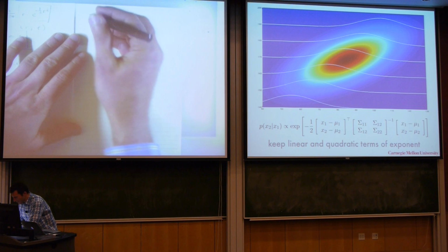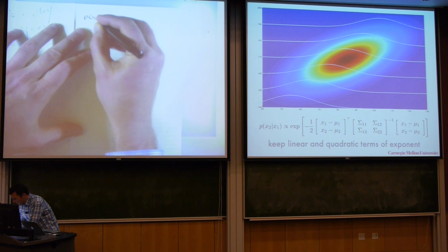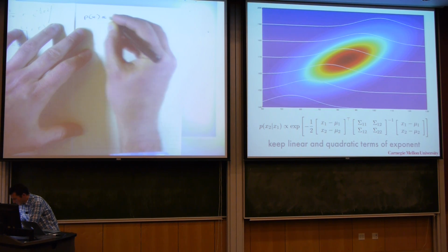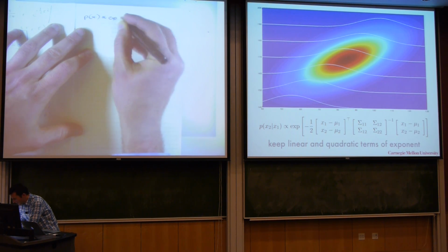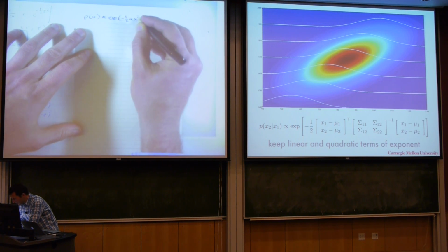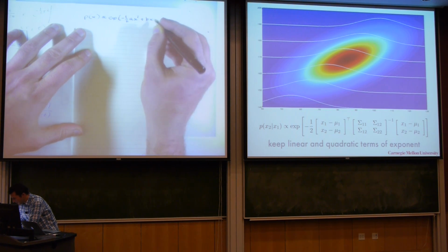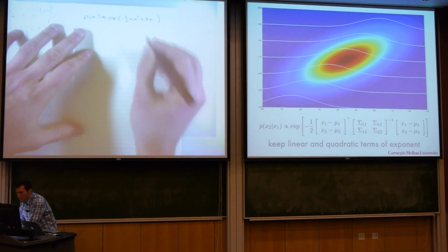Afterwards I'll show you the solution. So let's say we have just some variable, p of x is proportional to e to the minus 1/2 a x squared plus b x. Right?